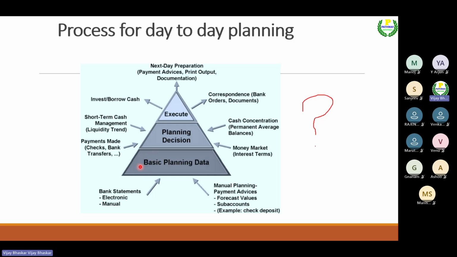Now, in order to go for the planning, you could see the process for day-to-day planning. This planning cannot be done today. Today is 11th of August, right? You cannot do the planning for today itself. Yes, you can do it, but the majority of organizations do the planning for the future.